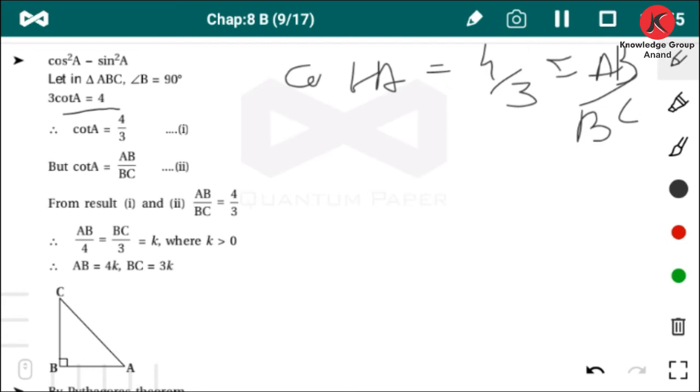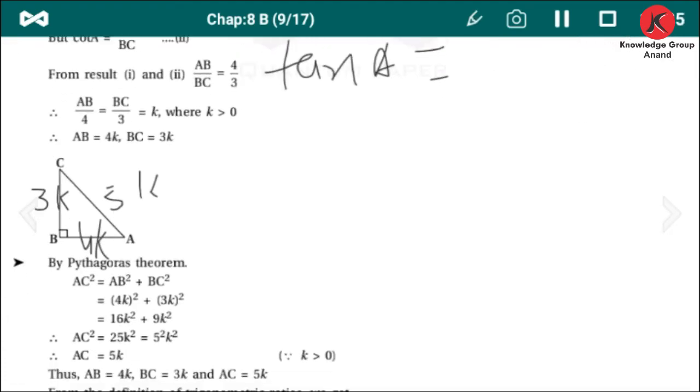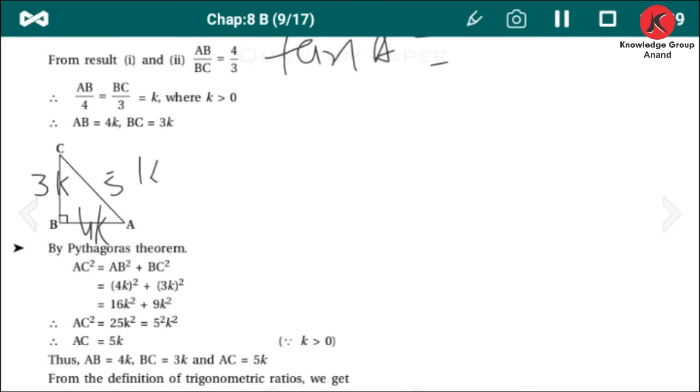Now we use tan A. Tan A is equal to opposite upon adjacent. We find here AB is equal to 4K, BC is equal to 3K. Then we find hypotenuse is equal to 5K.